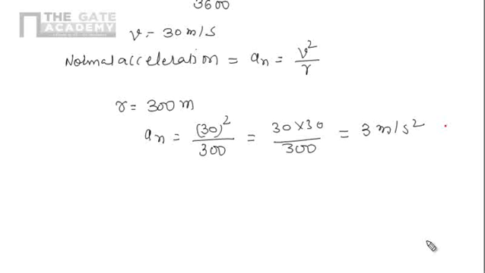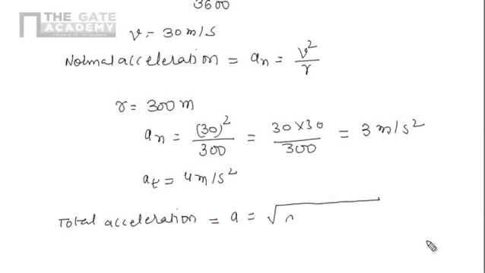So the normal acceleration is 3 meter per second square, and the tangential acceleration is given as 4 meter per second square. So the total acceleration will be a equals square root of a_t square plus a_n square.